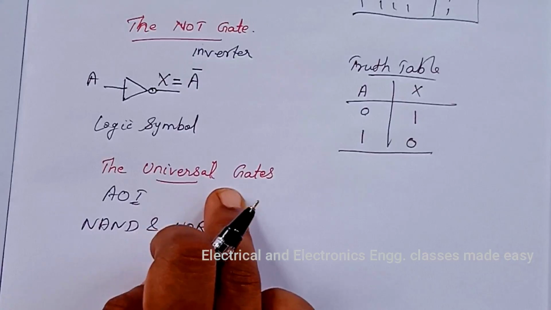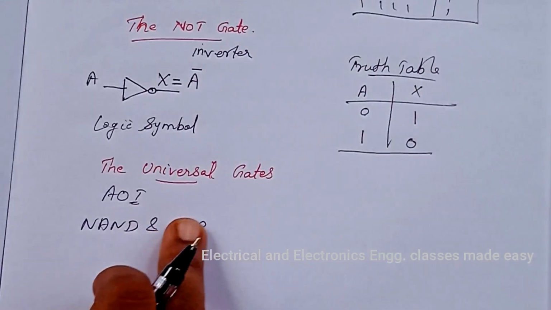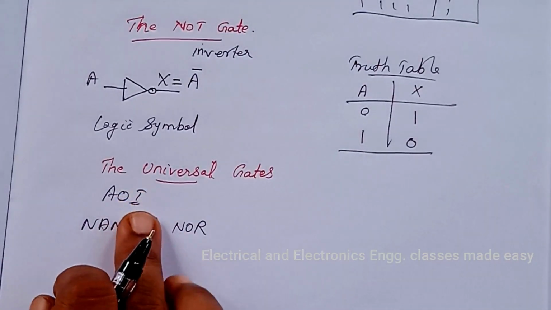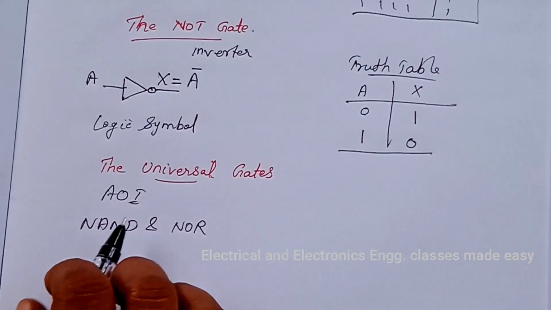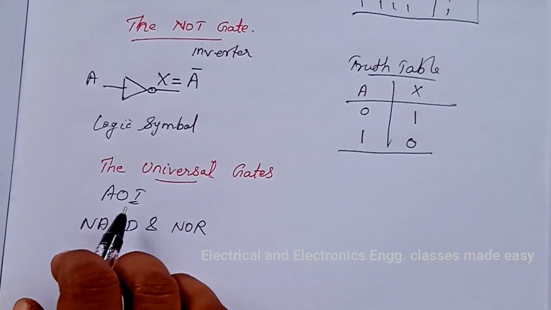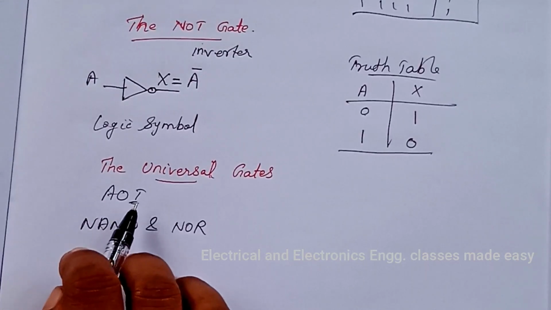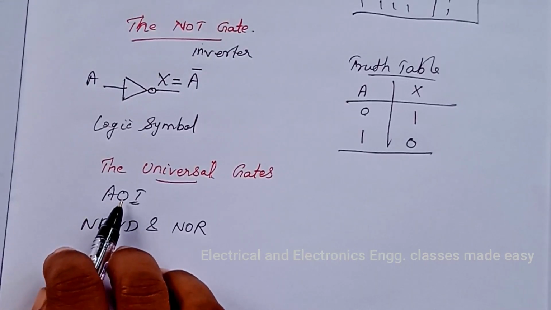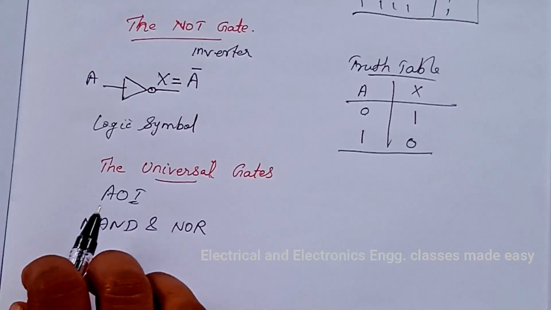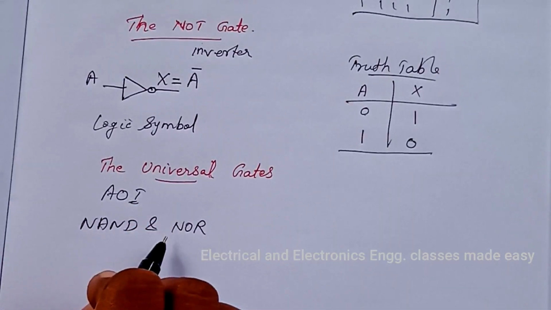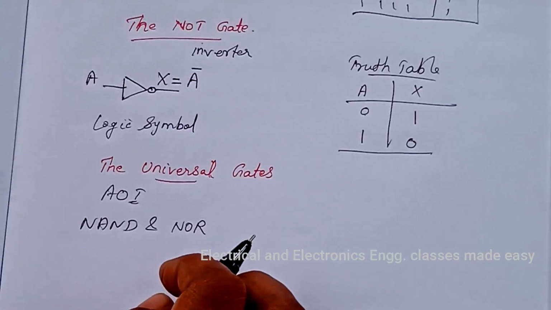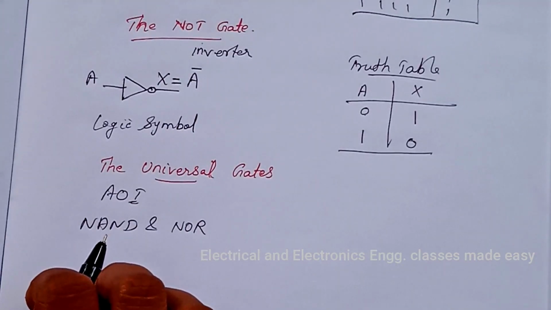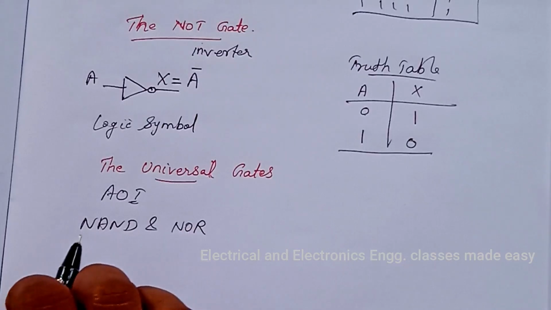Next are the universal gates. Though logic circuits of any complexity can be realized by using only the three basic gates, AND, OR, and NOT, there are two universal gates, NAND and NOR, each of which can also realize the logic circuit single-handedly.